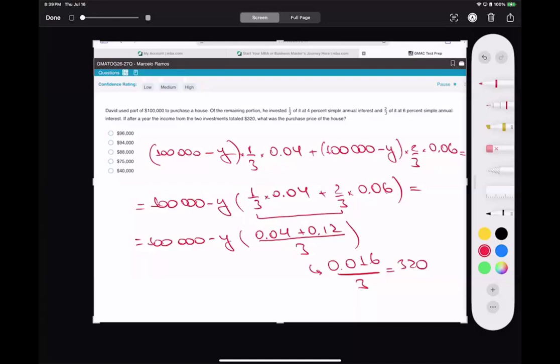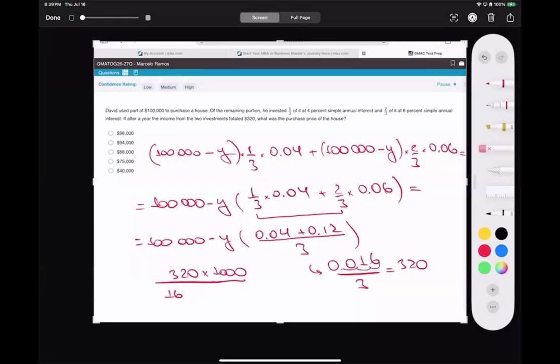Look what I'm going to do. 320 divided by 16. 16 divided by 1, 2, 3. This 3 goes here. Do you guys agree?